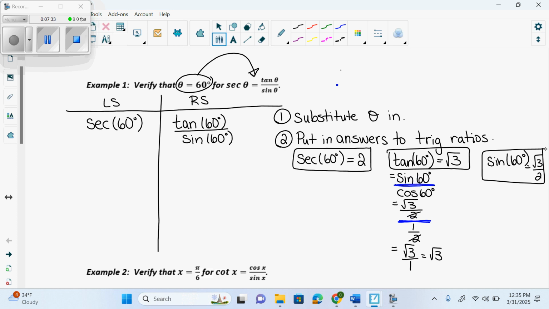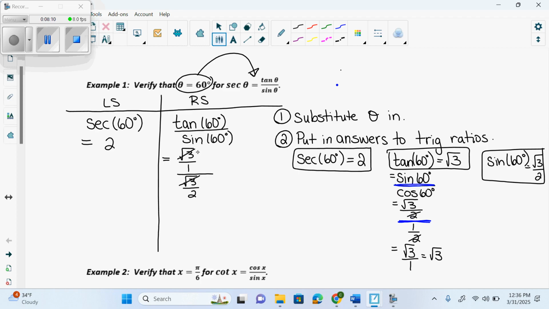So secant of 60 equals 2. Okay? Then over here we put our answers too. Tan of 60 over sine of 60 equals, tan of 60 is root 3. We can put it over 1 if we want. Divided by sine of 60, root 3 over 2. So what can cancel?